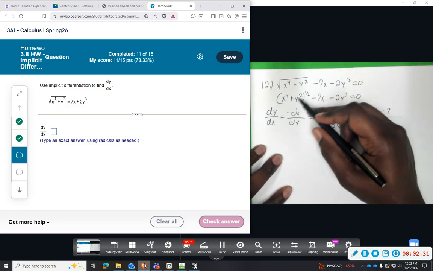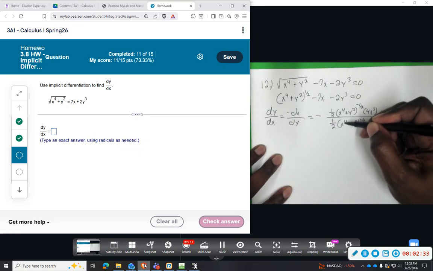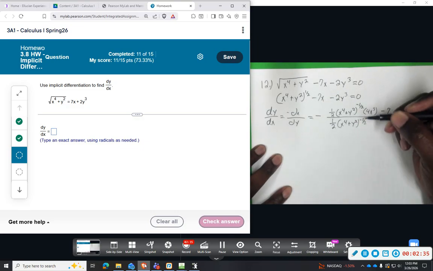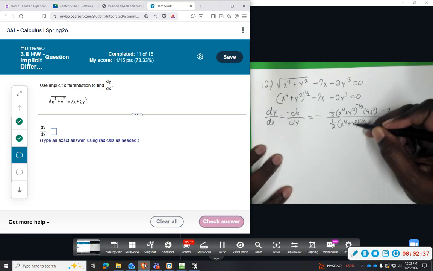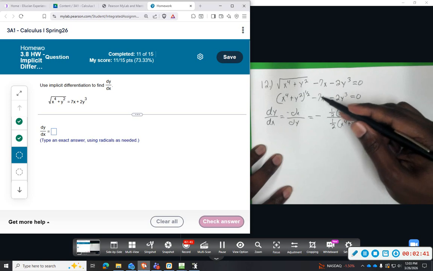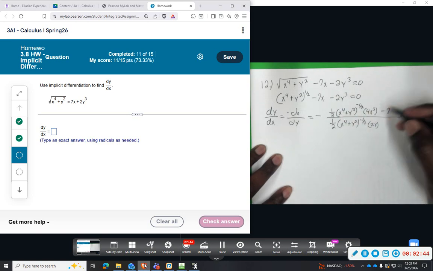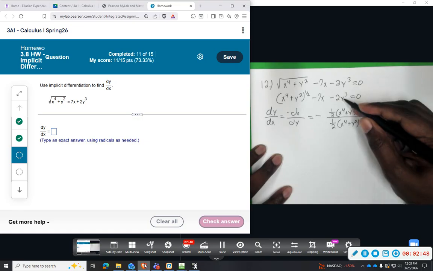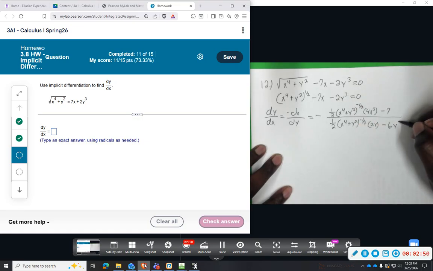And then times the derivative of the inside, which is, that's going to be 0, treated like a constant. Derivative of y squared is 2y. And then that's going to be 0. This derivative, 3 times 2 will give me 6. Subtract 1, 6y squared.